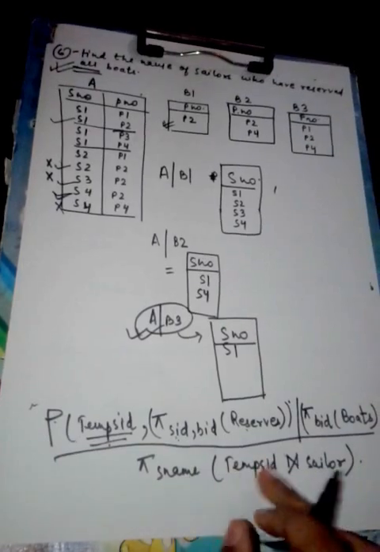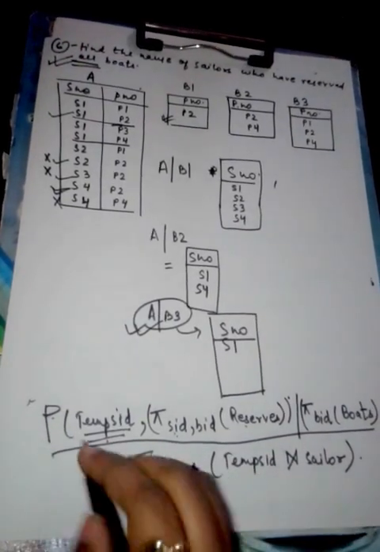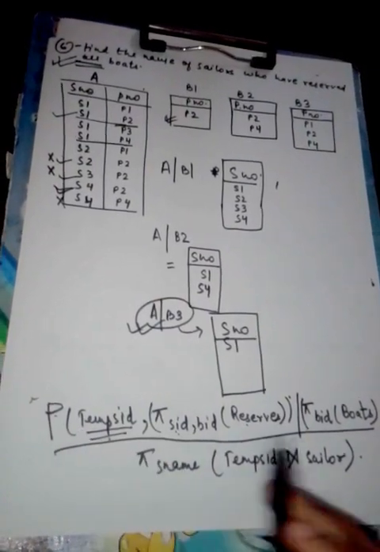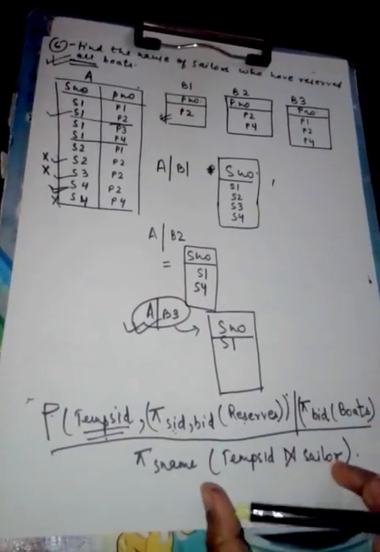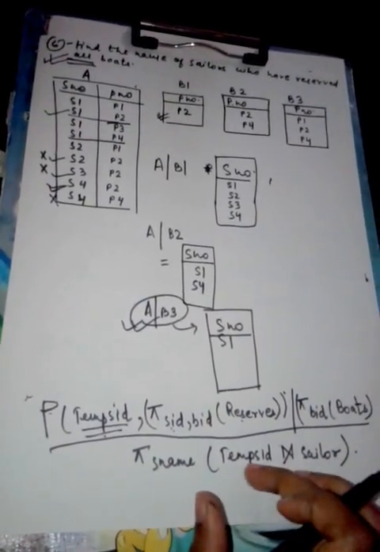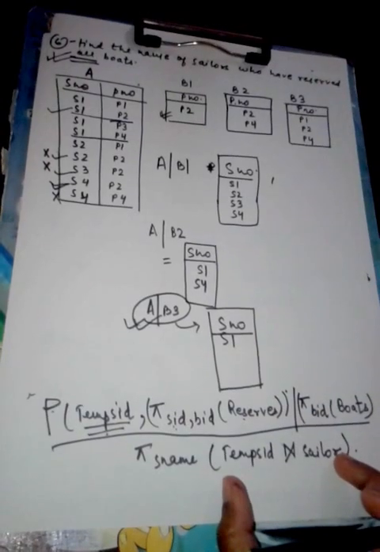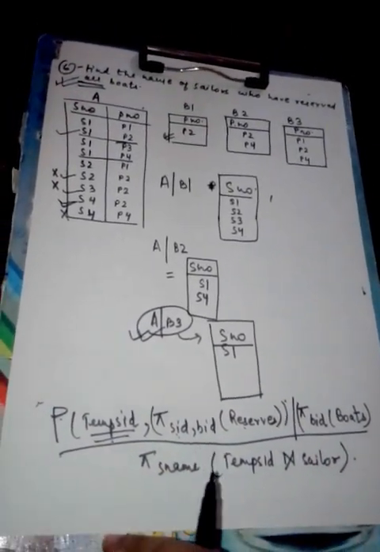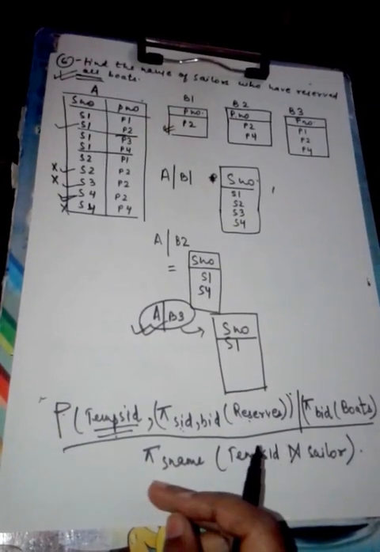And finally we link temp seller ID, where we used the rename operation, and seller. We use the natural join operation for linking temp seller ID and the seller table. So this is the required answer for the above query.